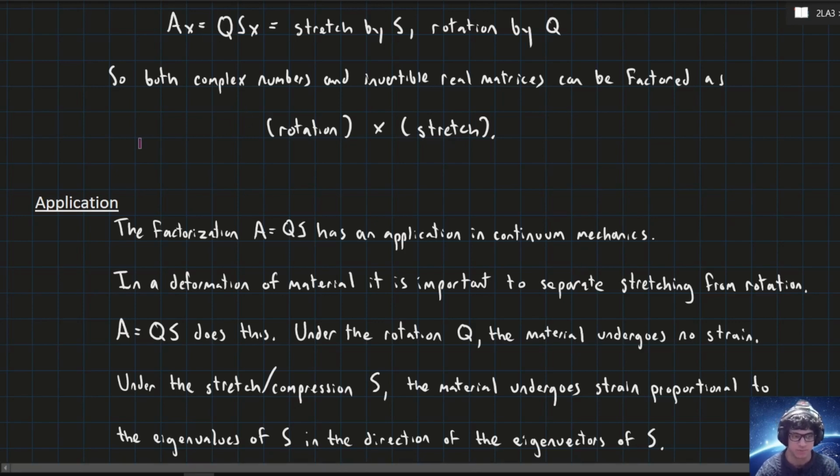In this field, the factorization Q times S is very useful. If you're studying the deformation of a material, then it's important to cleanly separate the stretching from the rotation, and A equals QS does exactly this.